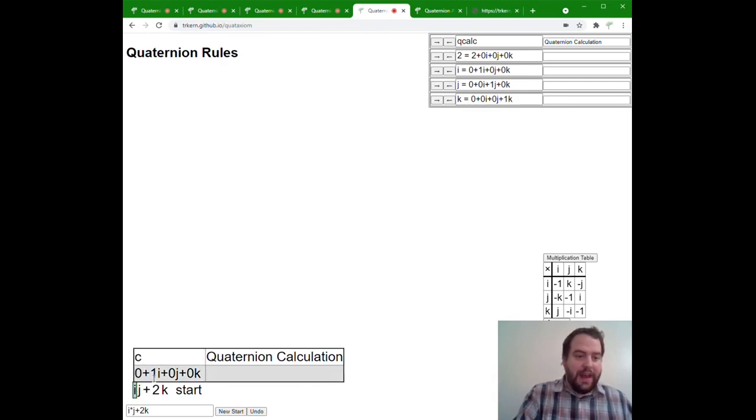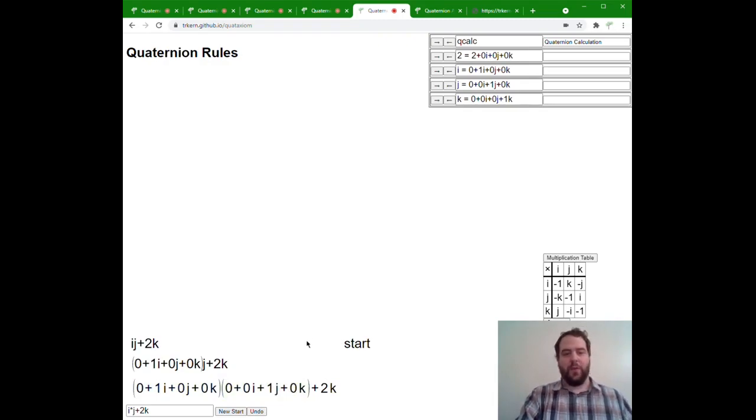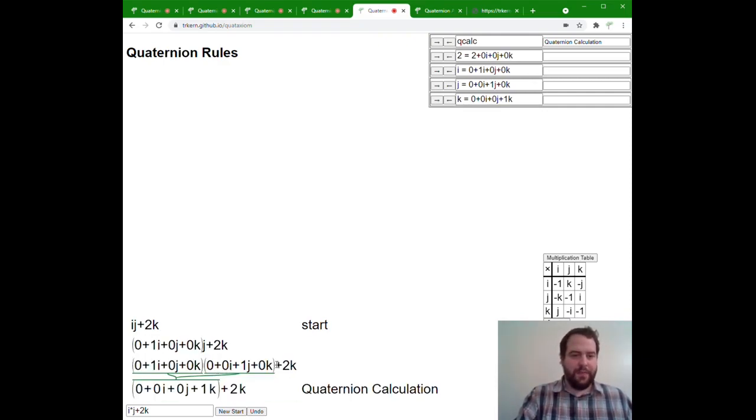I'm going to turn that i into 0 plus 1i plus 0j plus 0k. I'm going to turn the j into 0 plus 0i plus 1j plus 0k. And then we're going to multiply them together using the quaternion calculation rule. And then this 2k, I'm going to do exactly the same thing.